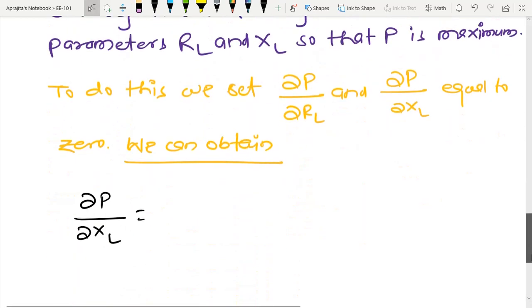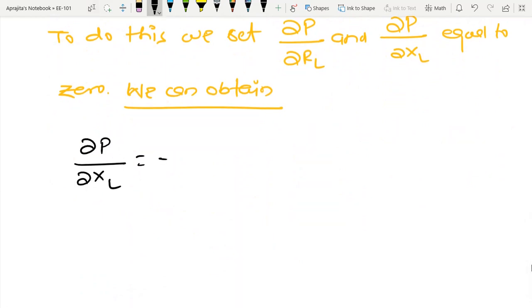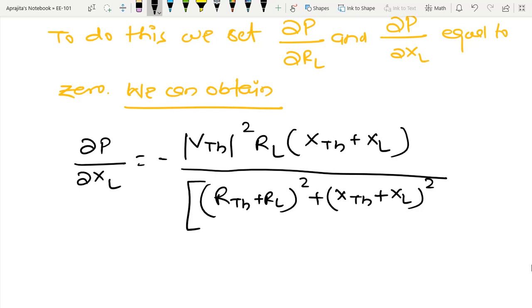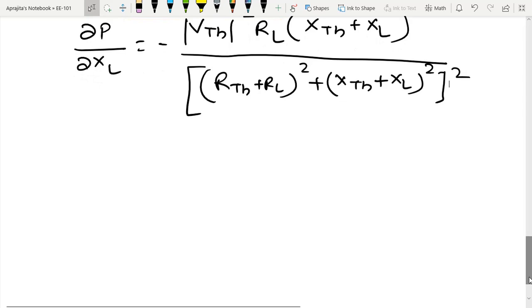After that I have the following quantity: VTH square RL multiplied by (XTH plus XL), divided by [(RTH plus RL) square plus (XTH plus XL) square] whole square.